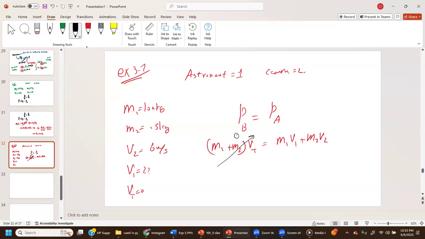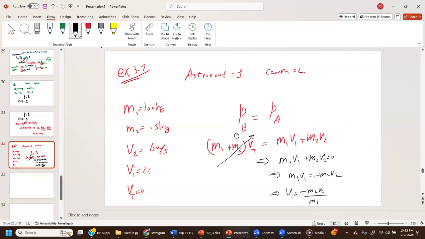Which means that your M1 V1 plus M2 V2 is going to equal zero, which means that your M1 V1 is going to equal minus M2 V2, which means that your V1 is going to equal minus M2 V2 over M1.